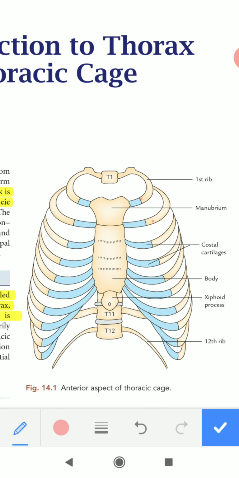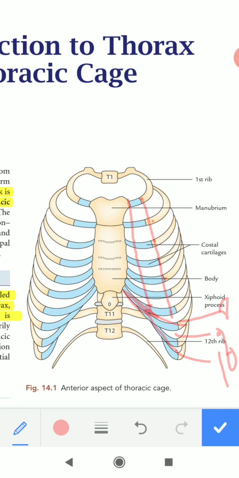Look at that, 1, 2, 3, 4, 5, 6, 7. These 7 ribs are attached to the sternum with the help of costal cartilage, but the rest 3 ribs, that means 8, 9 and the 10th, these 3 ribs are attached to the sternum with the help of the costal cartilage of the above costal cartilage.